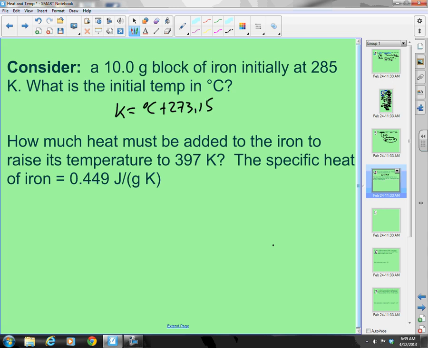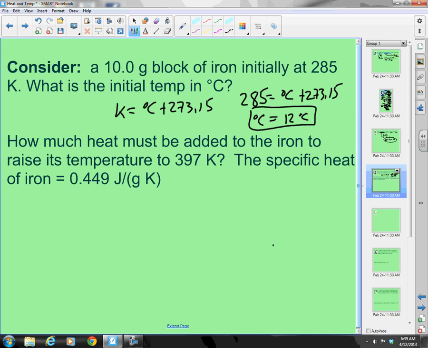So 285 is equal to Celsius plus 273.15, and Celsius is equal to 12. Not 12 Kelvin, I think it's 12 degrees Celsius. Great. So 285 Kelvin is equal to 12 degrees Celsius.